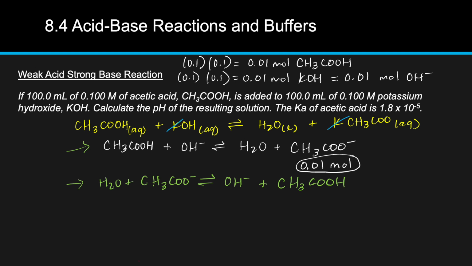We have 0.01 moles, and in order to get that to concentration, we need to divide that by total volume, and we have 200 total milliliters. So 100 plus 100. So we're going to divide that by 0.2 liters.